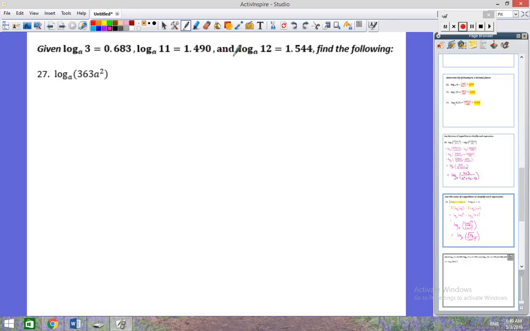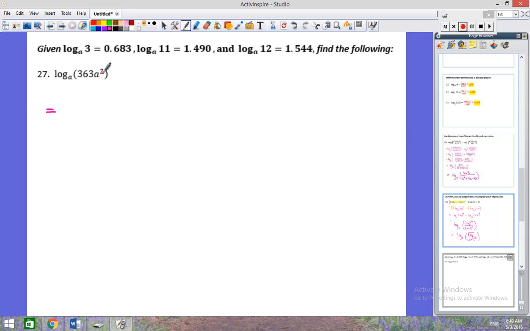Now they give us this bit of information up at the top: log base a of 3, log base a of 11, log base a of 12. They want us to find a numerical expression for this log base a of 363 times a squared, and all we have is our properties of logarithms and then substitution to do that. So what I see here is a product, 363 times a squared.